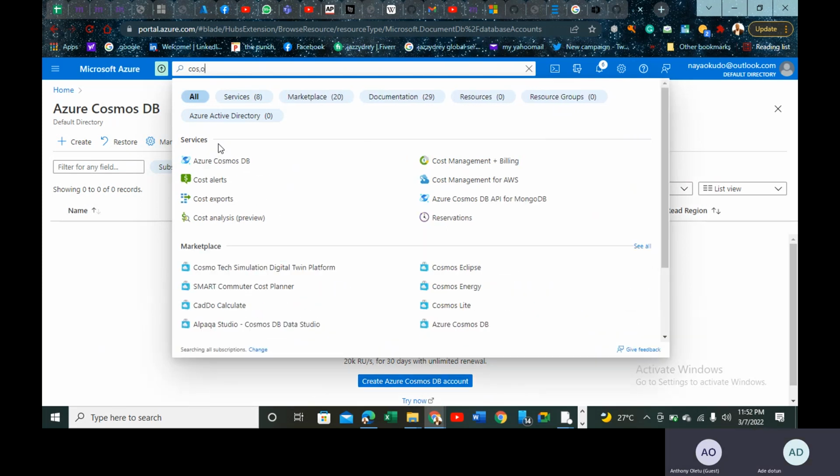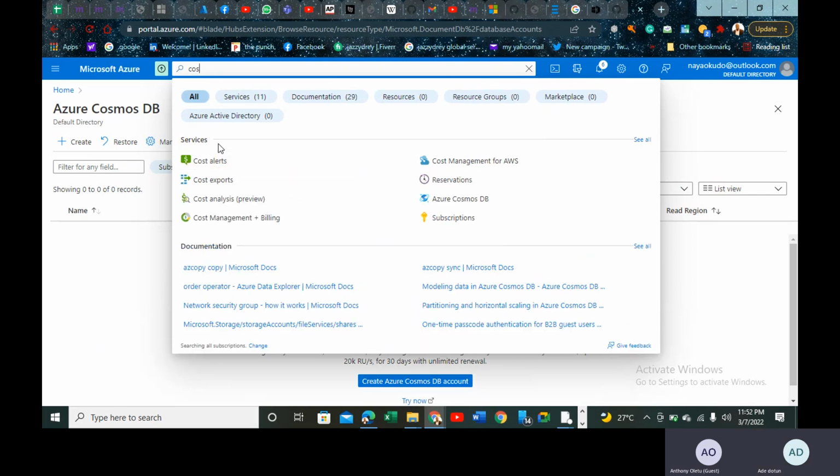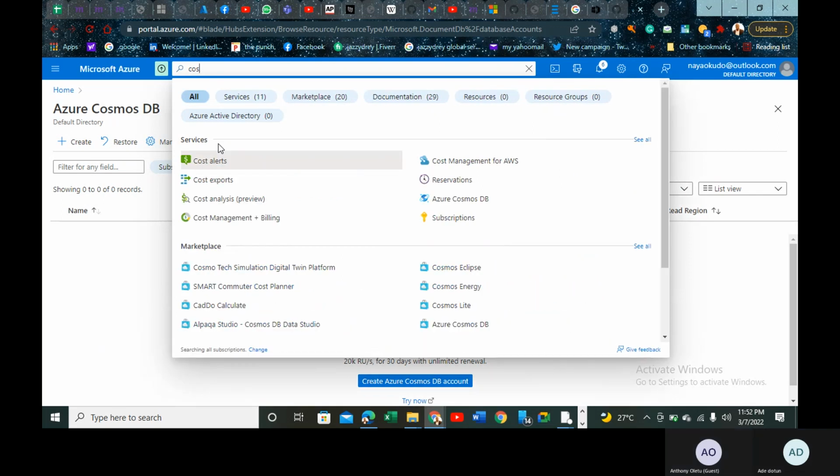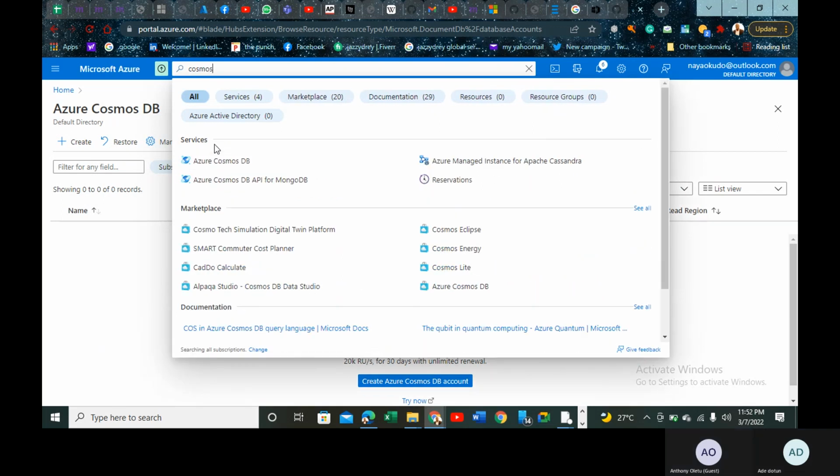Now I'm seeing services and marketplace. I understand. You want me to explain? Yes, please. Azure runs what we call a marketplace.